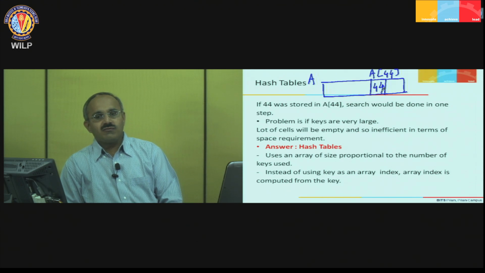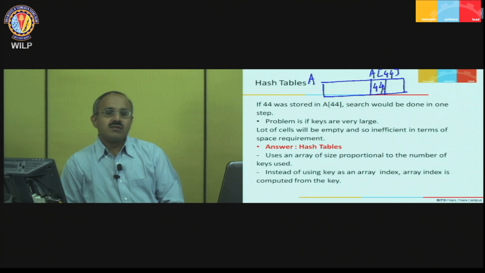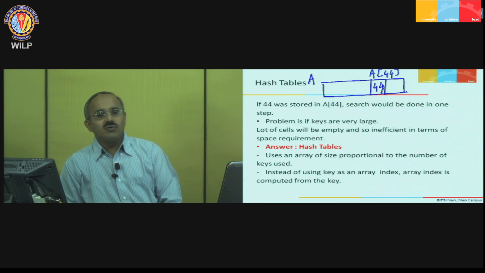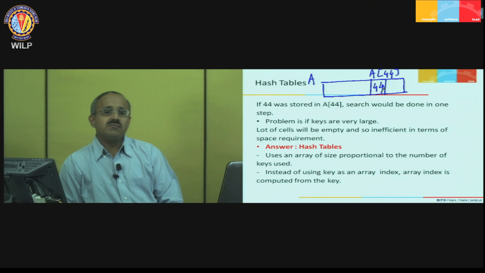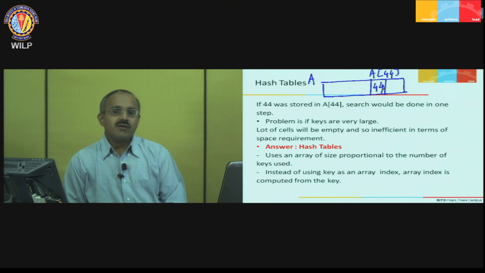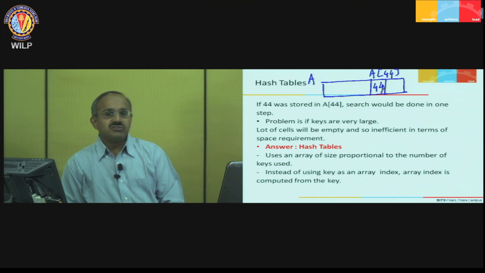And instead of the key itself being the array index, the key is going to be used to compute the array index. So, hash tables are based on arrays, and we will use the efficient access of arrays to try to do the search in time which is less than logarithmic time, or nearly constant.